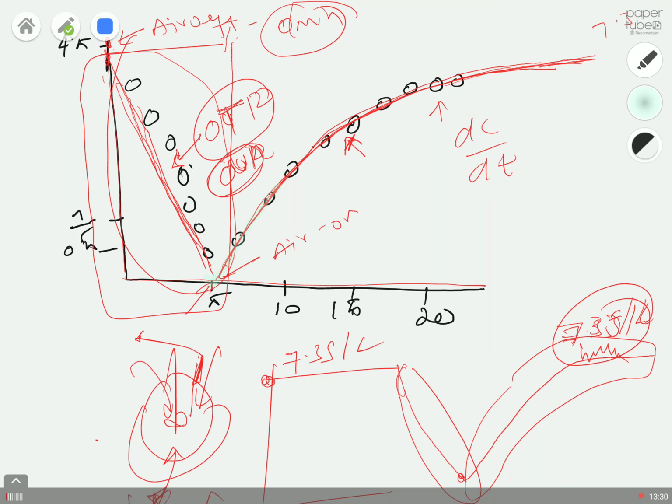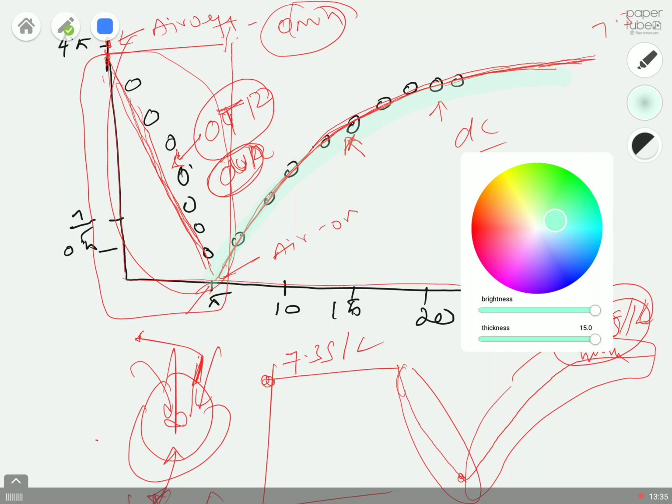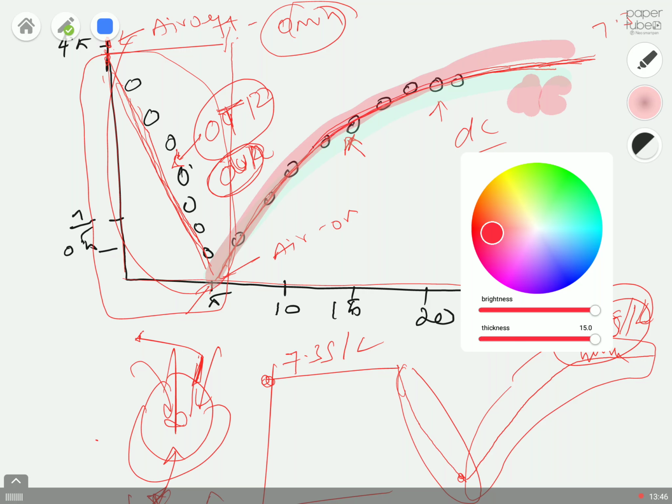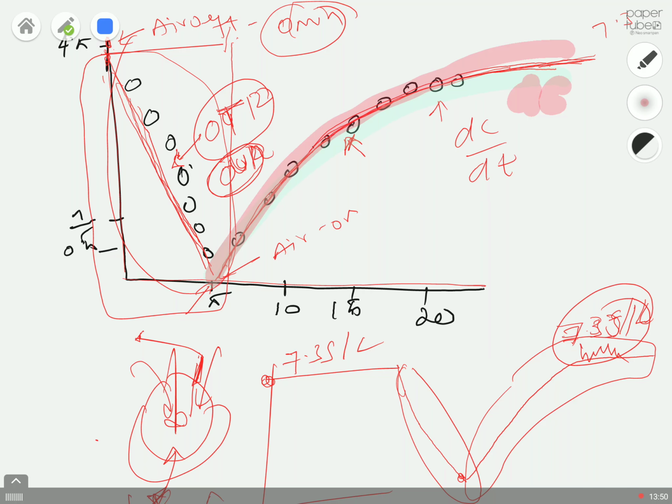All you need is to focus on this area. We know concentration versus time, so we take this part, calculate dc by dt, and then plot it against concentration, and that's it. From that slope you can get your KLA value.